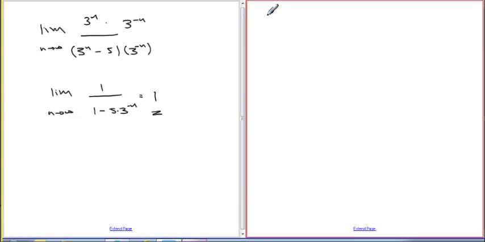Okay, next one, 19. So again, we're going to let a sub n equal this thing.